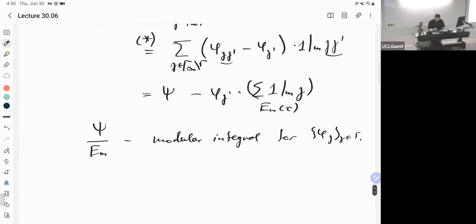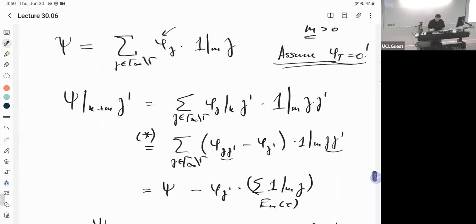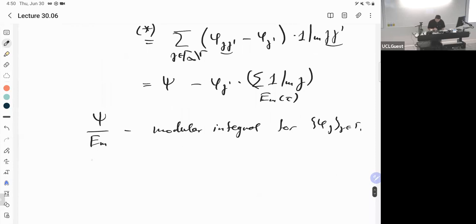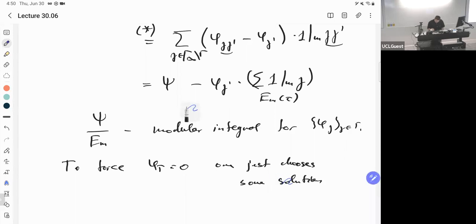So there are two problems. First was how to make this condition hold, and that's not really a big problem. To force phi sub t equals 0, one just chooses some solution to a simpler problem.